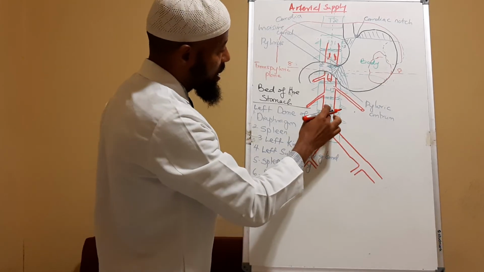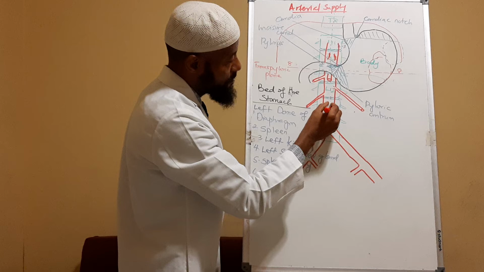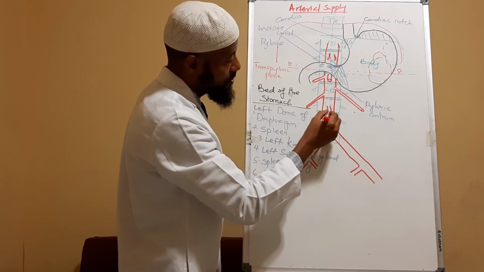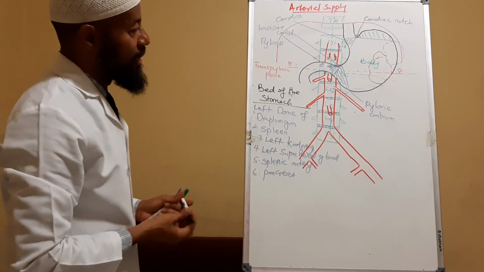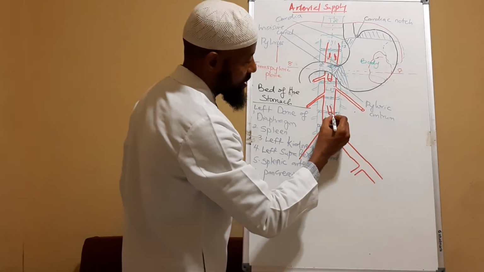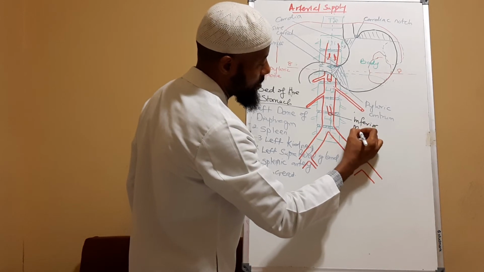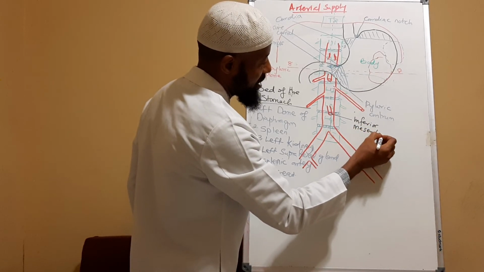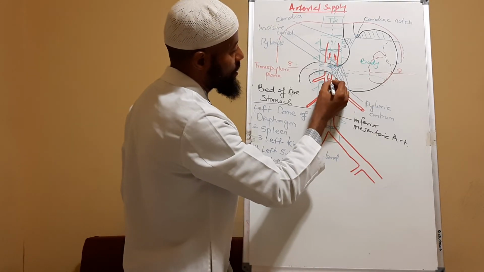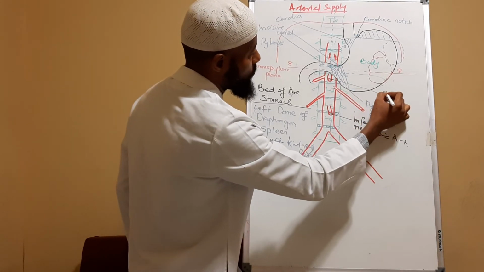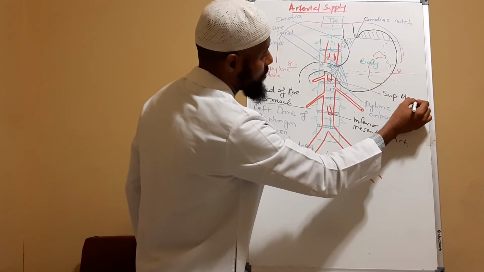Okay? Now at the level of L3, you have your inferior mesenteric artery. So let us label this. This is the inferior mesenteric artery, and that is your superior mesenteric artery.